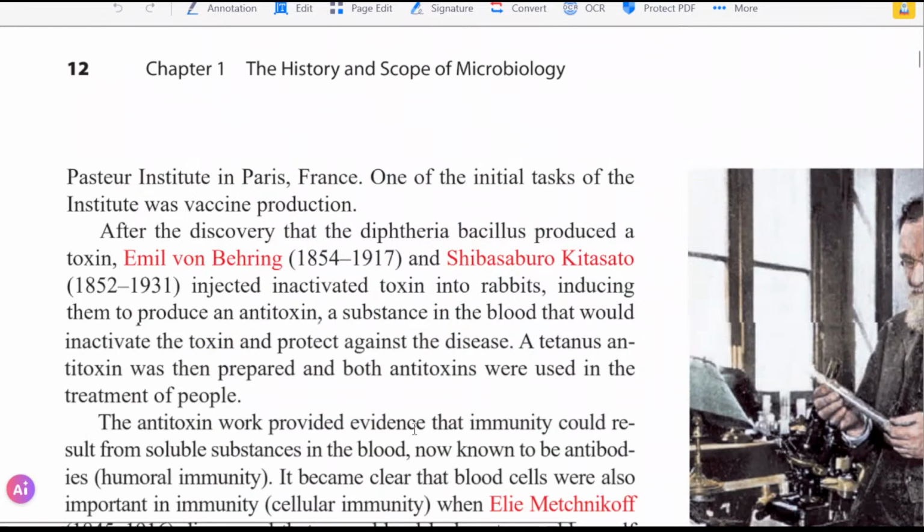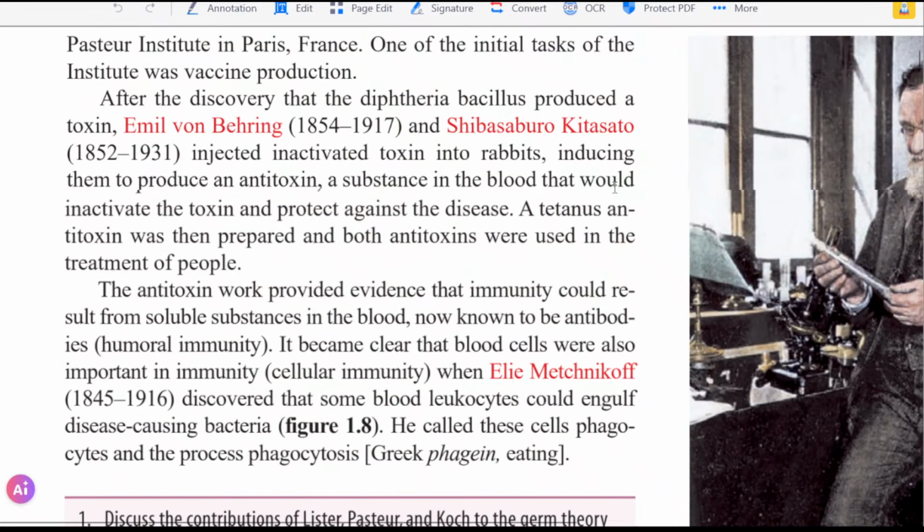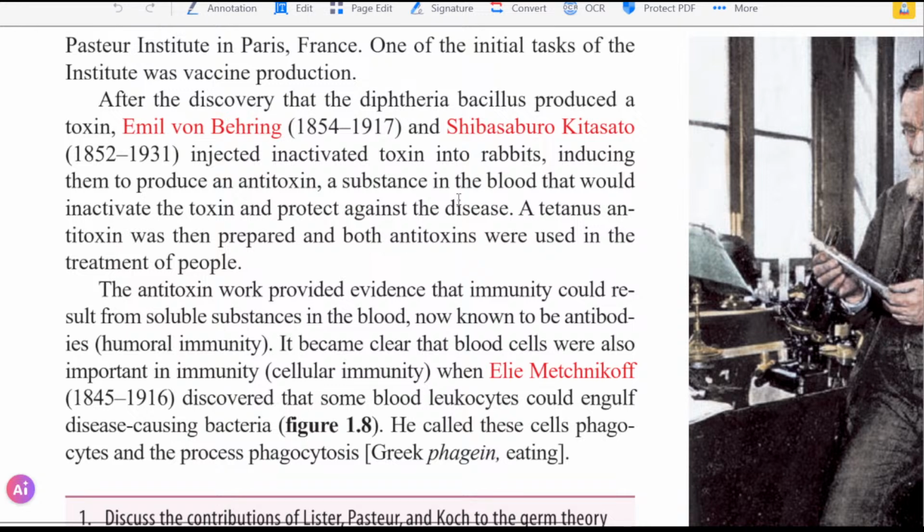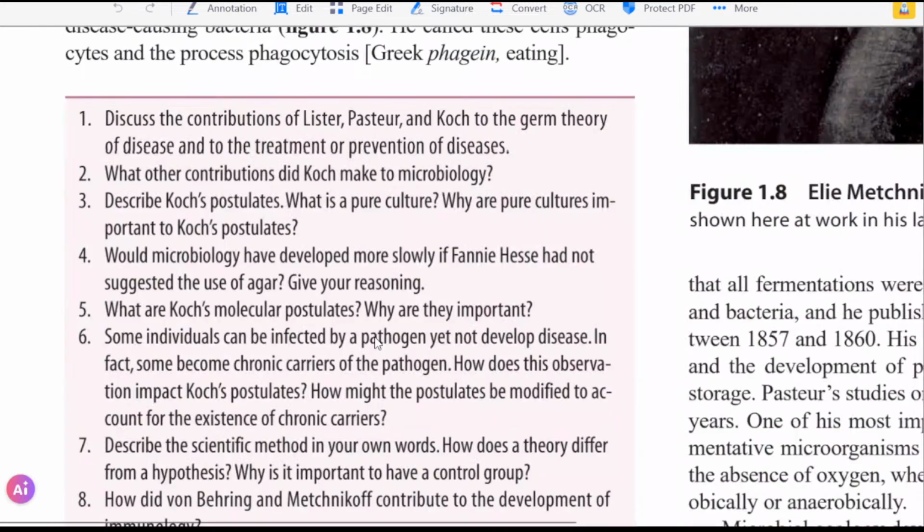Behring and this scientist Kitasato were actually responsible for producing antitoxins against toxins of, not rabbits, against the toxins of what and what. There were two diseases that they produced antitoxins for. Yeah, here, tetanus and, where is the other one? Diphtheria. Yeah, for the diphtheria and for the tetanus causing microorganisms.